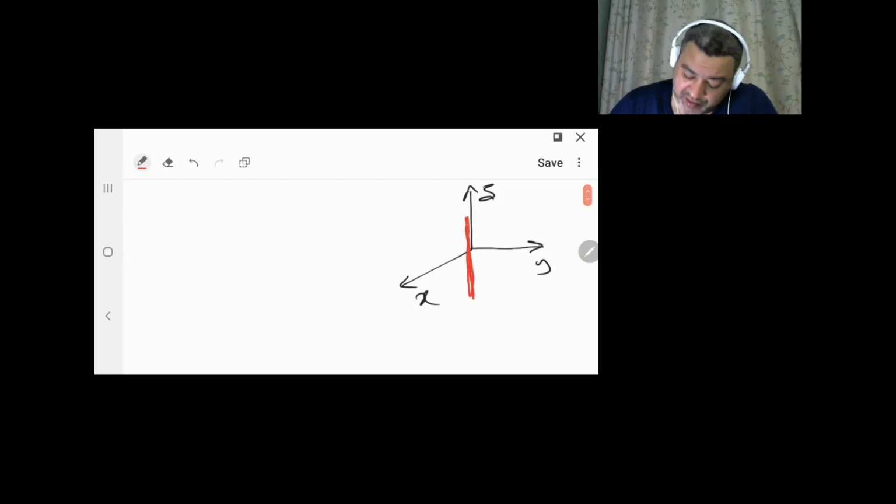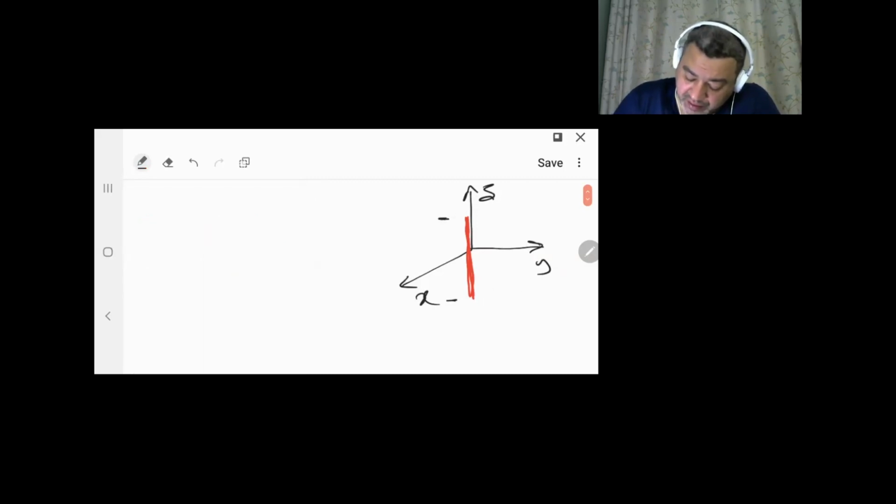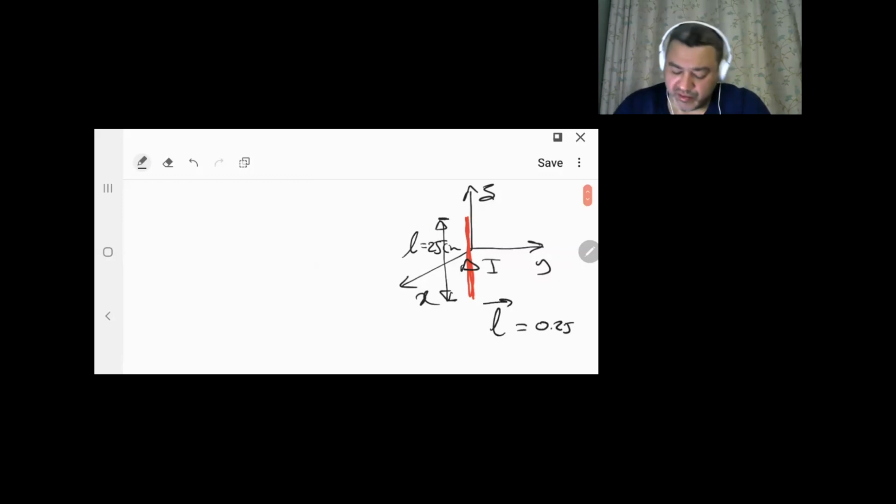If I have my wire laid out here on the Z-axis, with the length of L that equals 25 centimeters, then I can say that this defines a vector L that equals 0.25, and positive, the current is going in this direction, right?